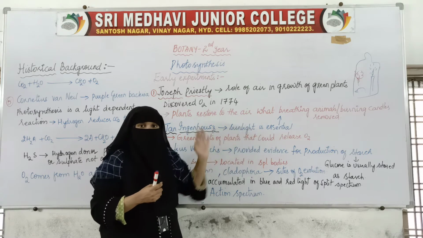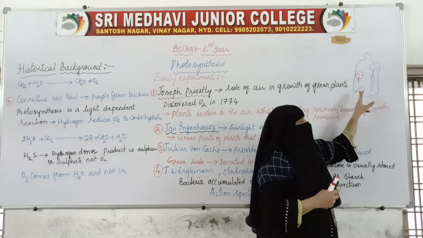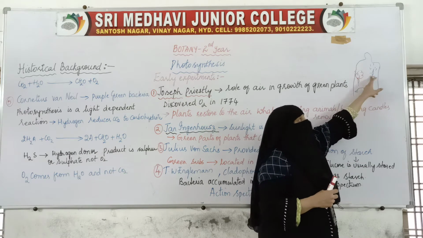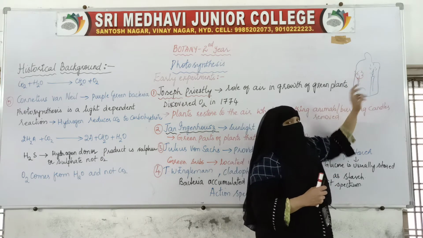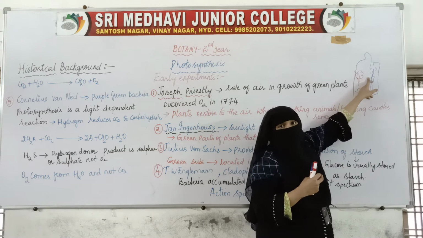Joseph Priestley said that whatever has been removed from this bell jar by the mouse and the burning candle is given back to the air by the plants.